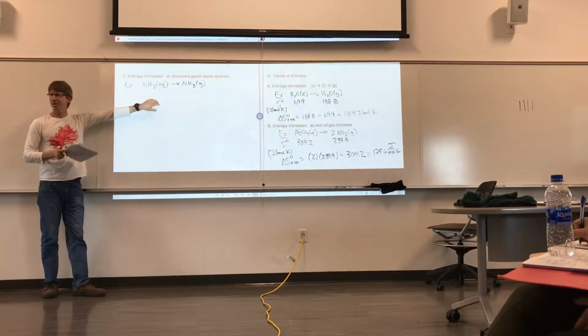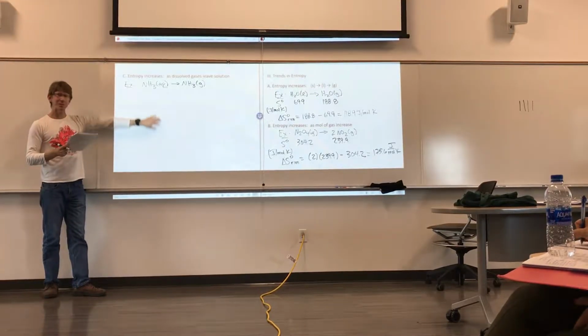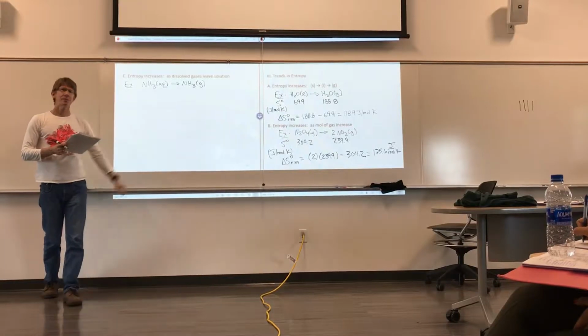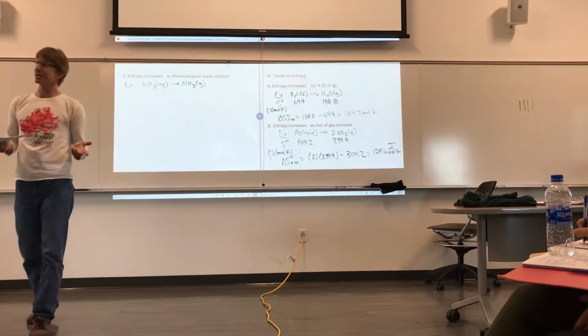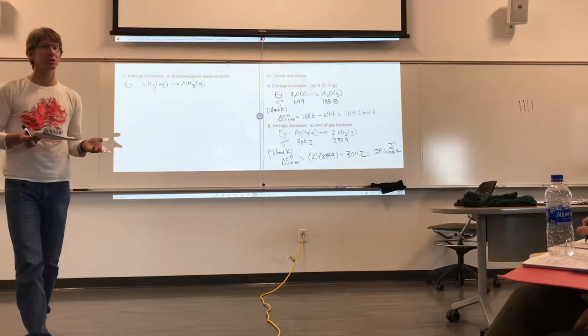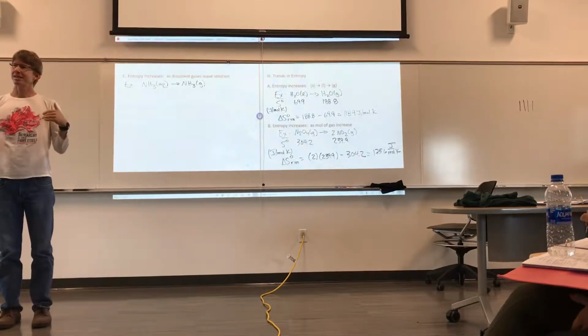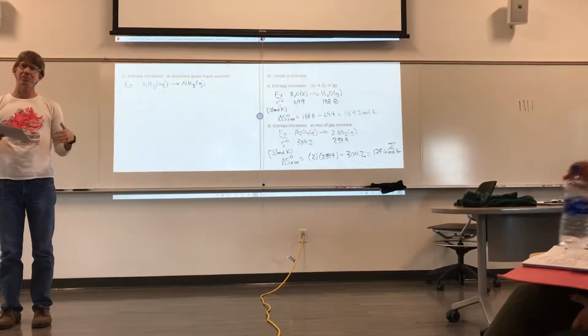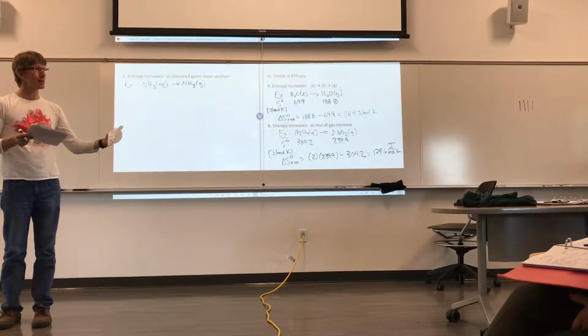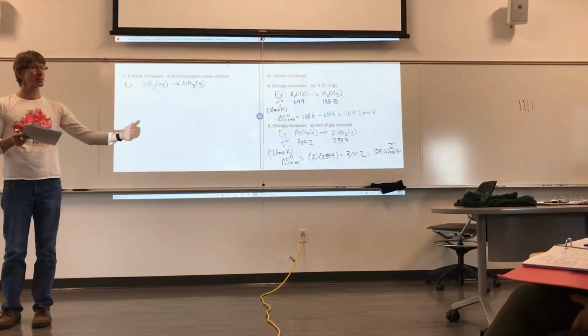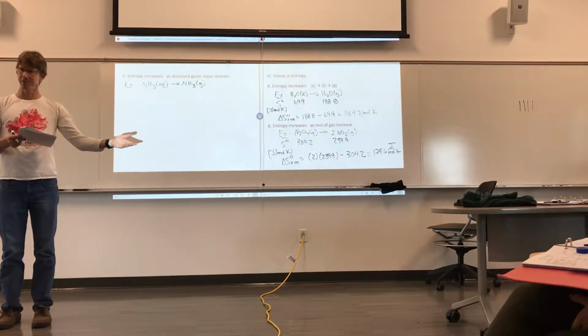This time I'm not going to do the calculation. This time with all this space, I'm going to draw you a picture, because that's one of the things I ask you to do on your homework number 5. It says on your homework, draw a picture that makes clear how the product is more dispersed, because the product has a higher entropy.